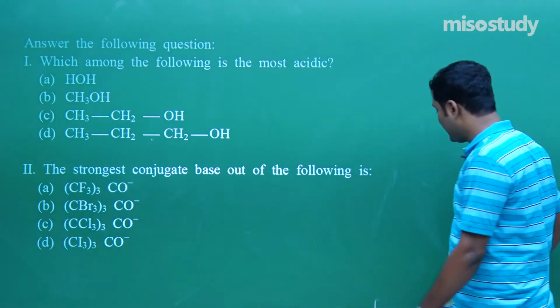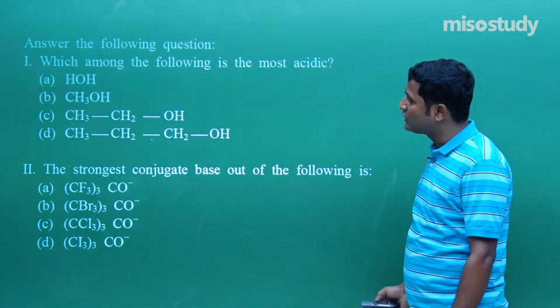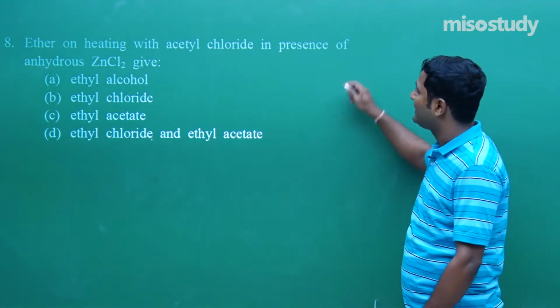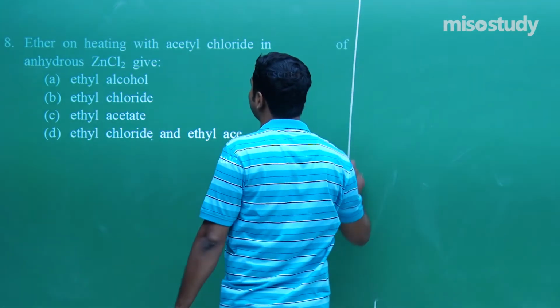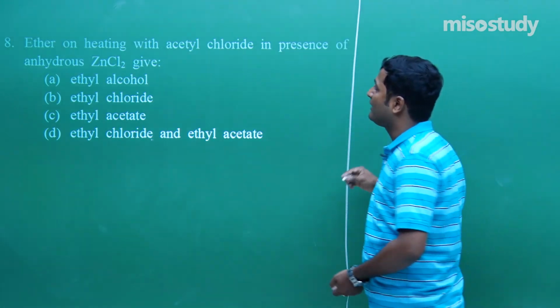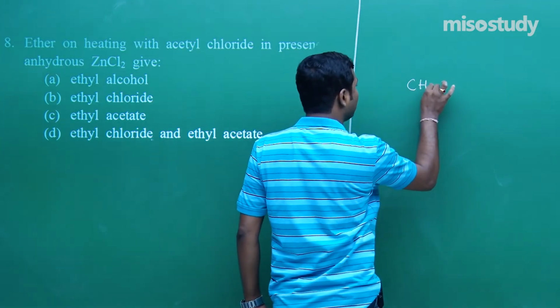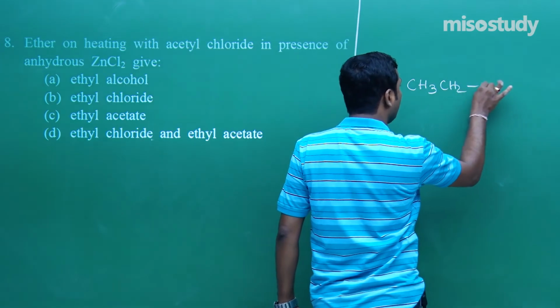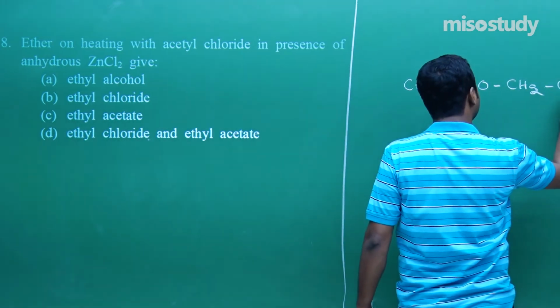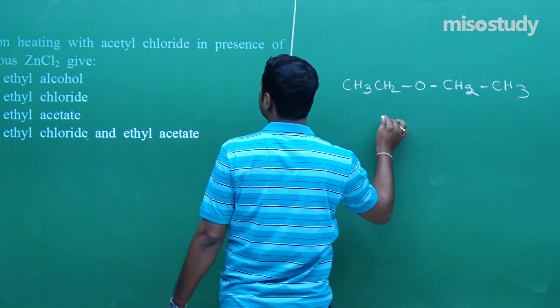Now let's move to the next question. Look at ether on heating with acetyl chloride in presence of anhydrous ZnCl2. What will happen? Ether, if I put here CH3CH2OCH2CH3, that is diethyl ether, I'm just giving an example.